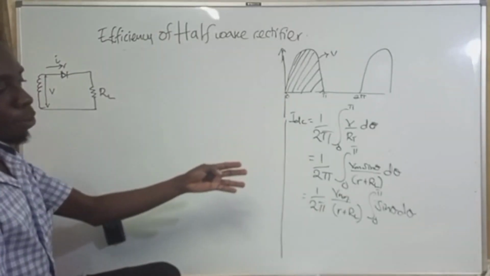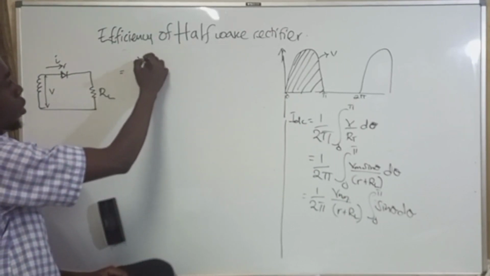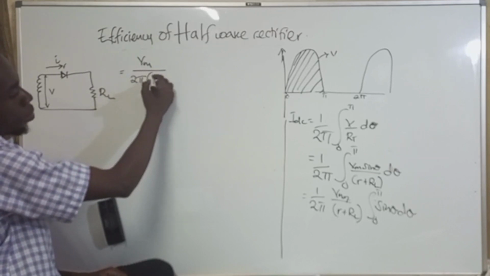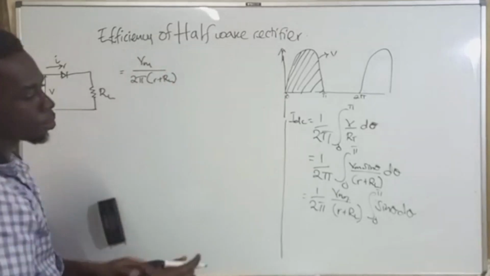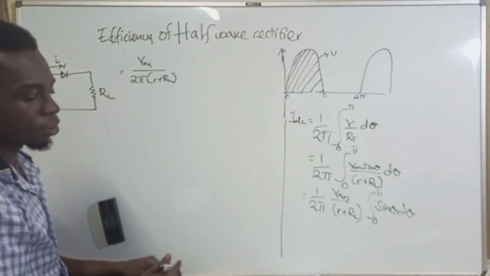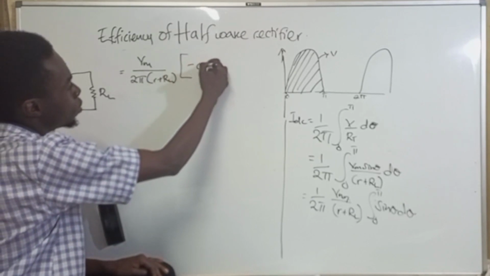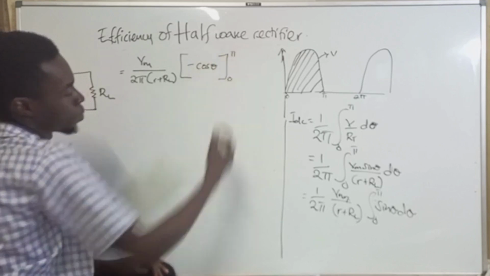So I've pulled out my Vm and that. I'll remain with Vm over 2 pi into R plus RL times the integral of sine, which is negative cos theta, from 0 to pi.